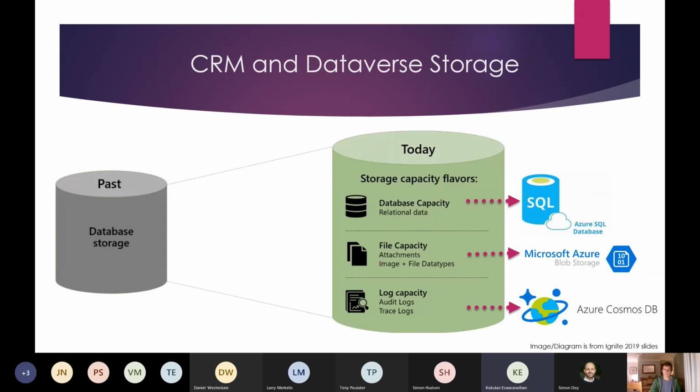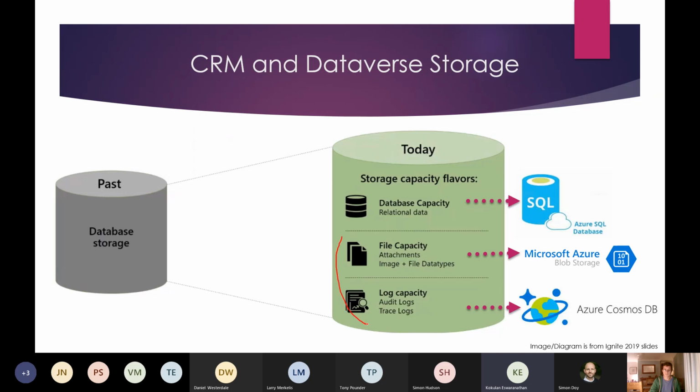But if I store an image or file in CDS, again, I'm not going to use the name interchangeably because it's only 6 hours, I can't completely switch to Dataverse yet. Yeah. So the files are stored in the blob storage, and the logs, audit logs or trace goes into Cosmos.